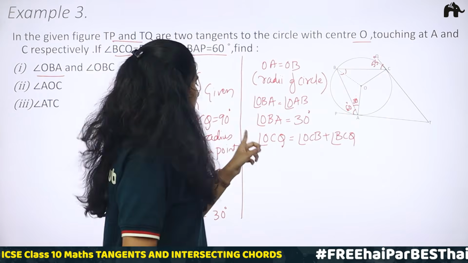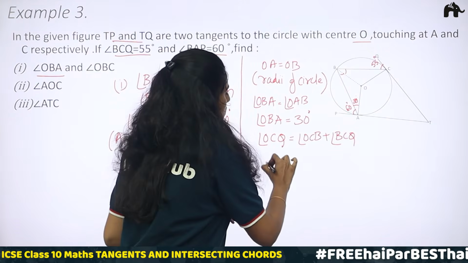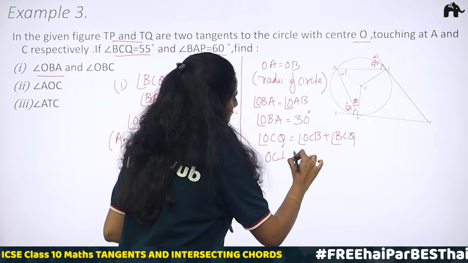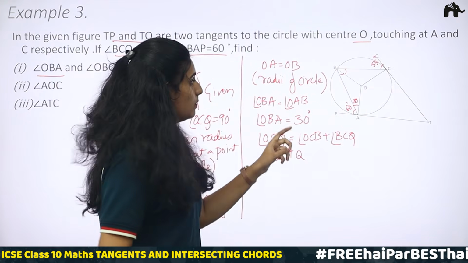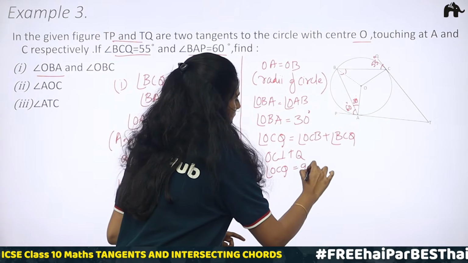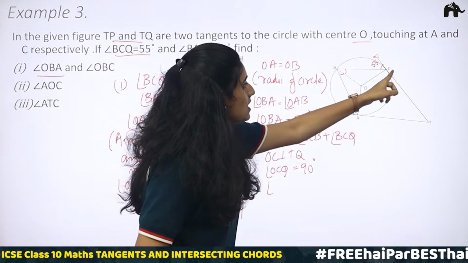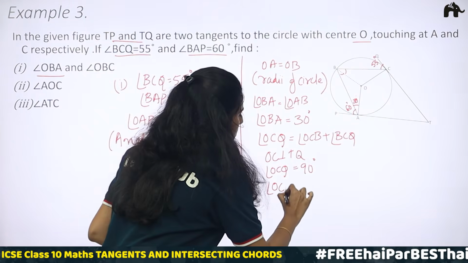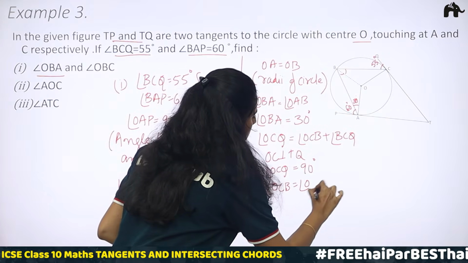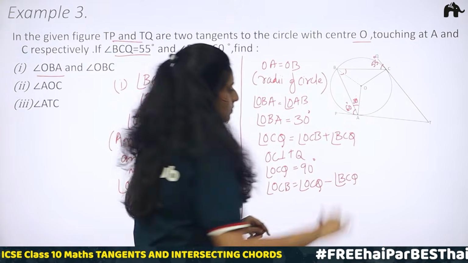Since OC is perpendicular to the tangent TQ, we have angle OCQ equal to 90 degrees. Then angle OCB equals angle OCQ minus angle BCQ.